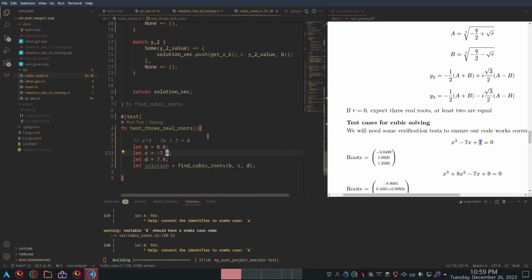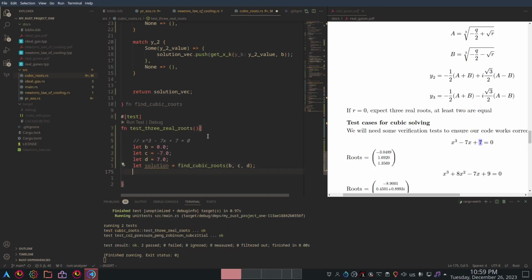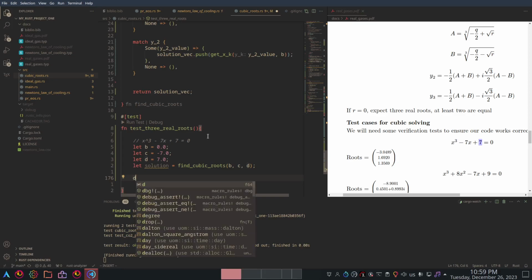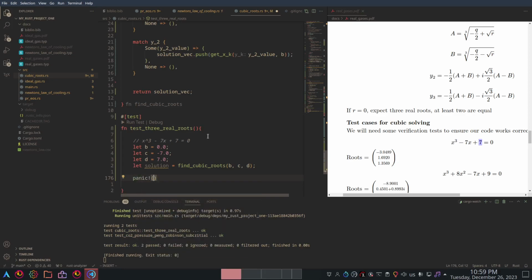Let's find the cubic roots of B, C, and D. Okay, maybe do debug, dbg solution. Let's see what happens.